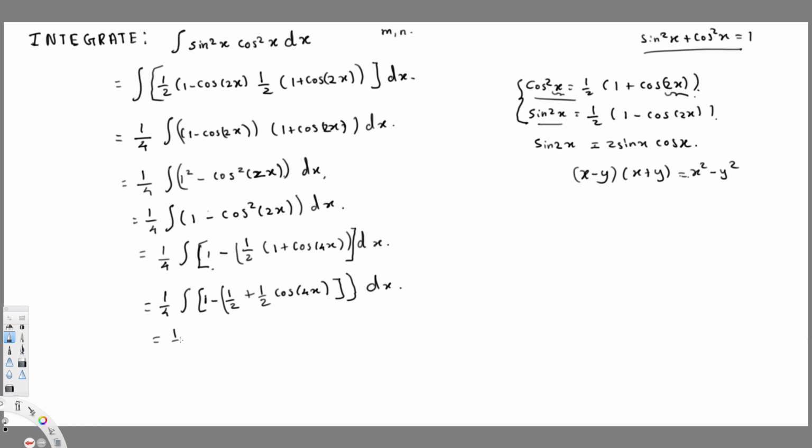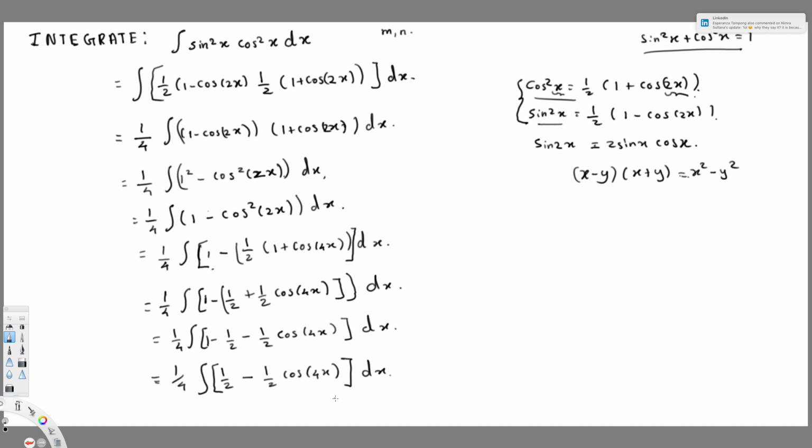So this is going to be 1 over 4 integral 1 minus half cos 4x times dx. So 1 minus half is going to be positive half. So this is going to be 1 over 4 times positive half minus half cos 4x.